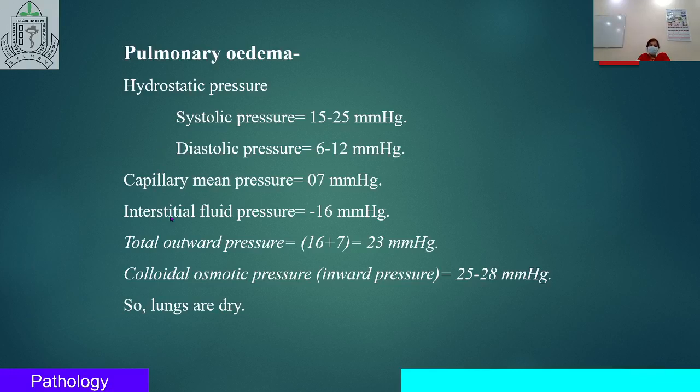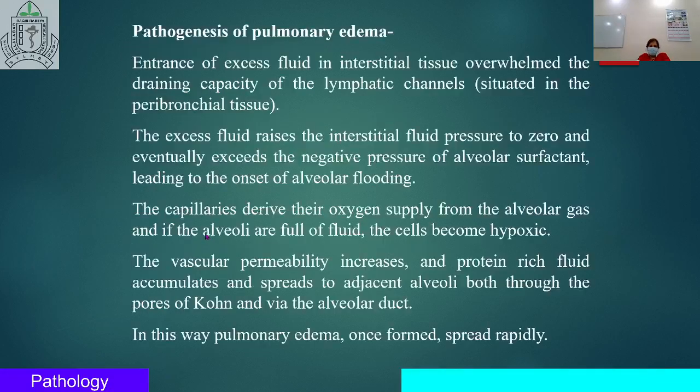Pulmonary edema. As there is entrance of excess fluid in the interstitial tissue space, this excess fluid raises the interstitial fluid pressure from negative to zero and eventually exceeds the negative pressure of the alveolar surfactant, leading to onset of alveolar flooding. That is, alveoli contain this excess fluid.